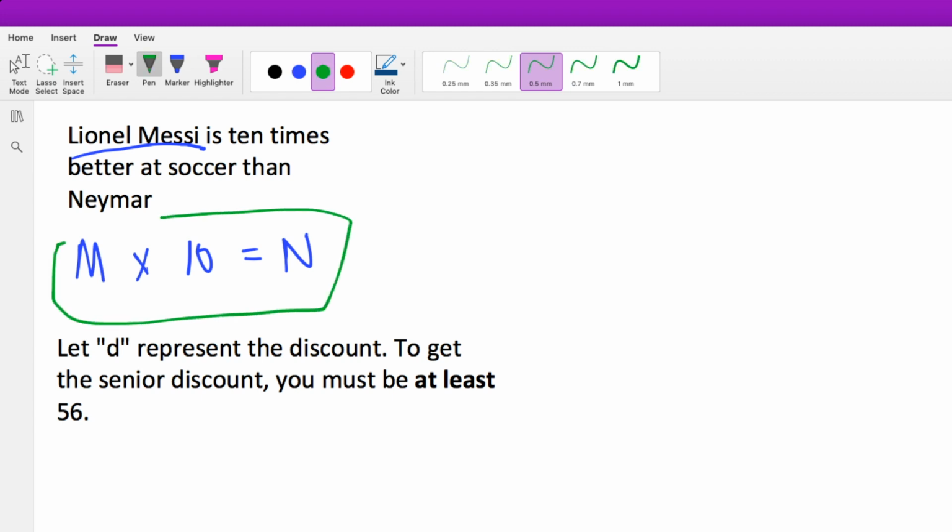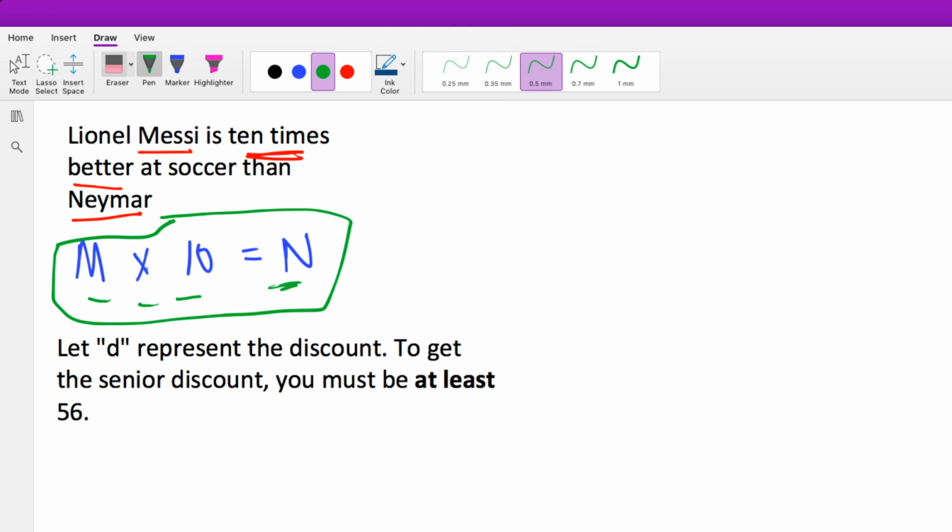Because the statement says that Messi is 10 times better than Neymar, why are we going to write it as Messi times 10, as if there were 10 Messis equals Neymar?